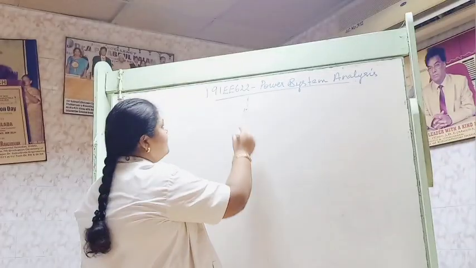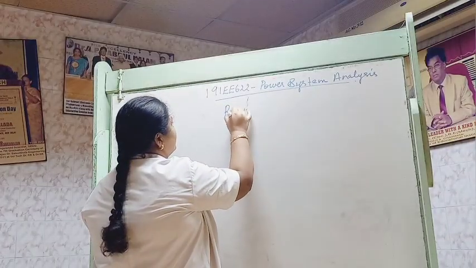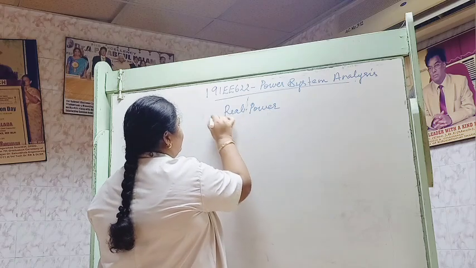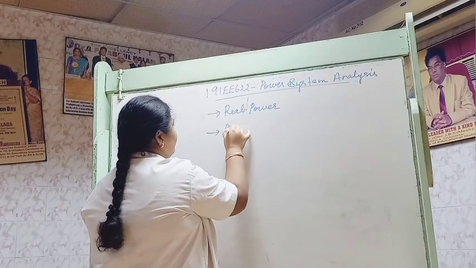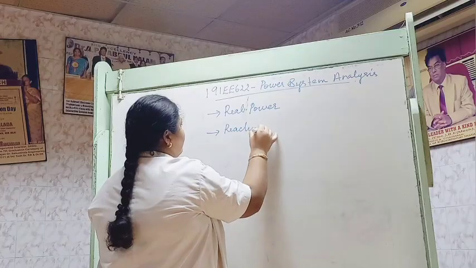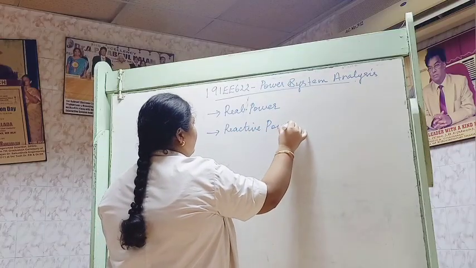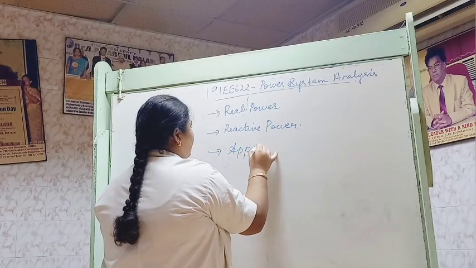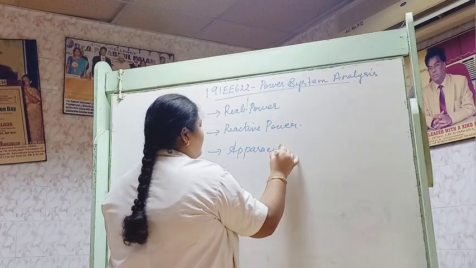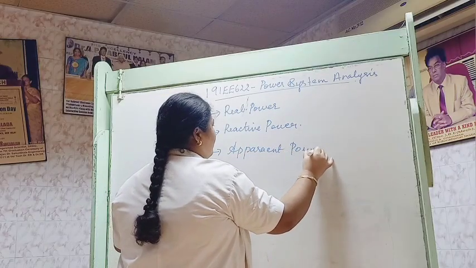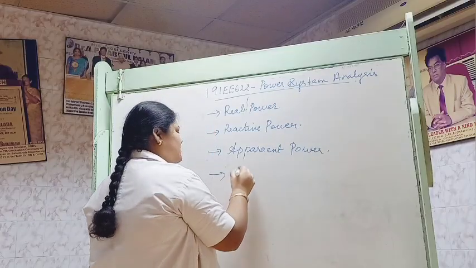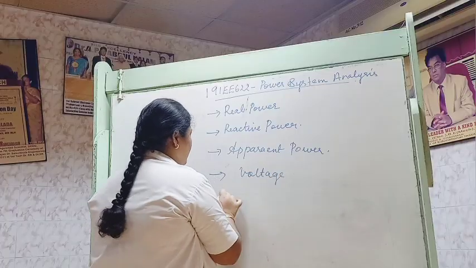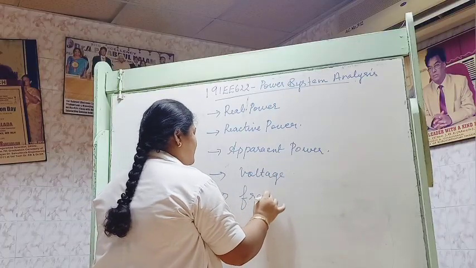We start with the electrical quantities: real power, reactive power, apparent power, and fourth, voltage and frequency.